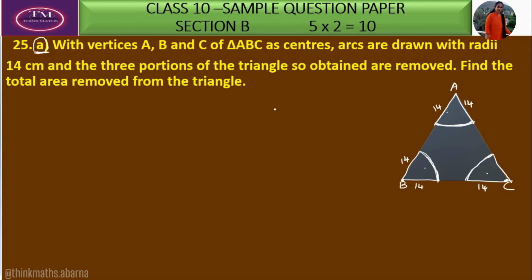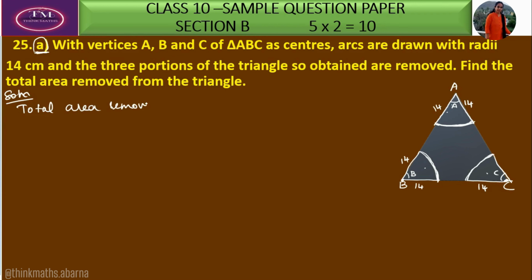So area of sector formula is theta by 360 into pi r square. So let us take this angle as A and this is B and this is C. Okay. So what we have to find? Total area removed.